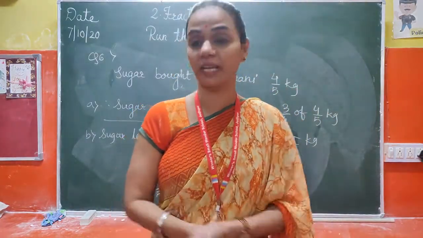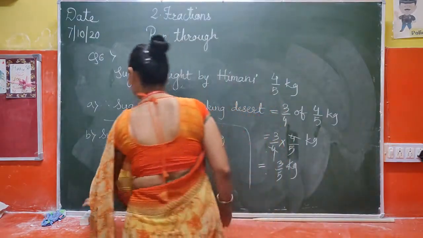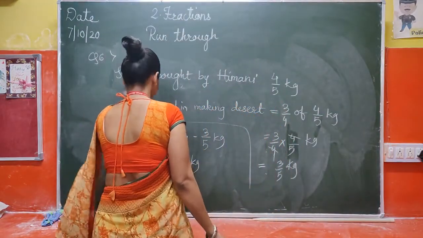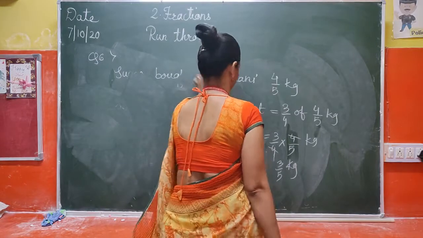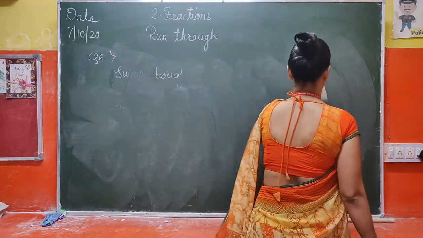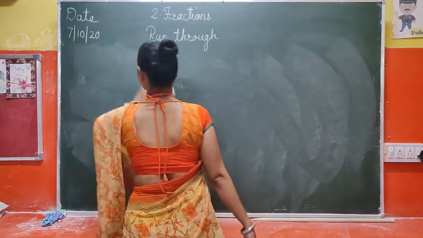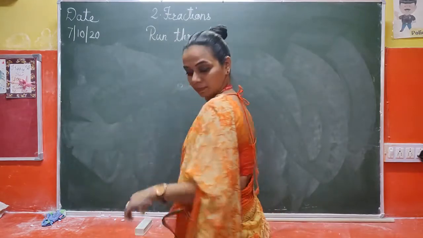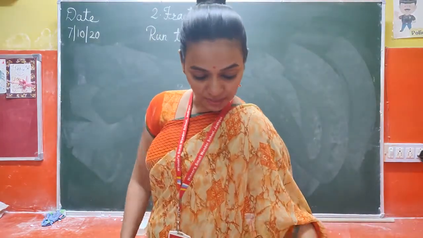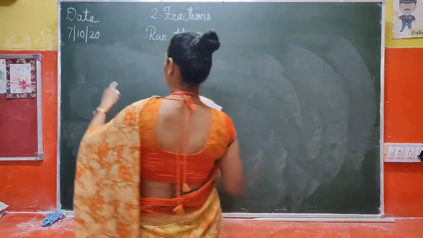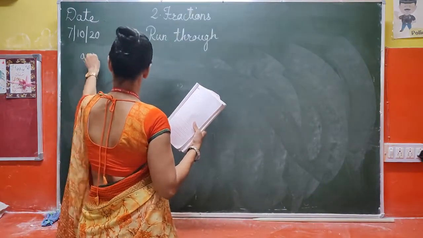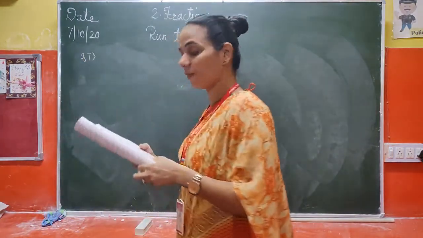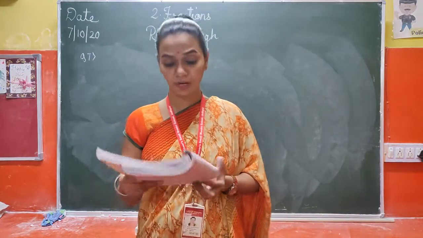Now we'll go for the second one, that is 7. I hope you have understood it. Question number 7. Sanjeev ate 1/6 of a cake.